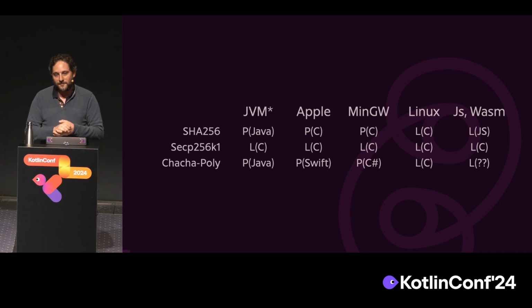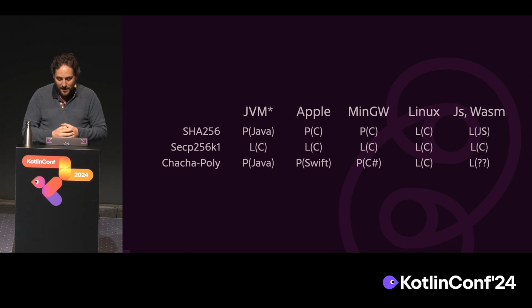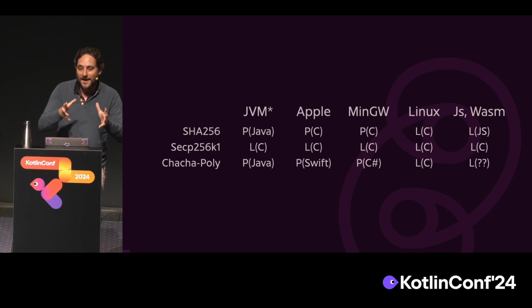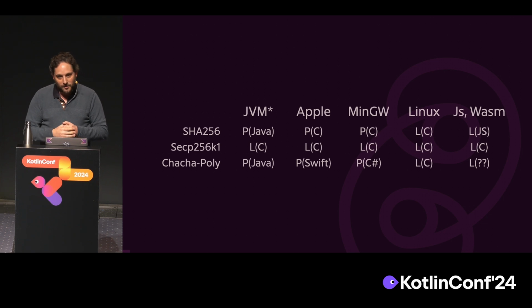SecP256K1 is a cryptographic primitive that is used, for example, by Bitcoin. This is not an endorsement of Bitcoin. I don't want to state any opinion on Bitcoin, but SecP256K1 has been heavily audited by people who want to get rich. So why not use it in other circumstances? And ChaChaPoly is a modern cryptographic API.